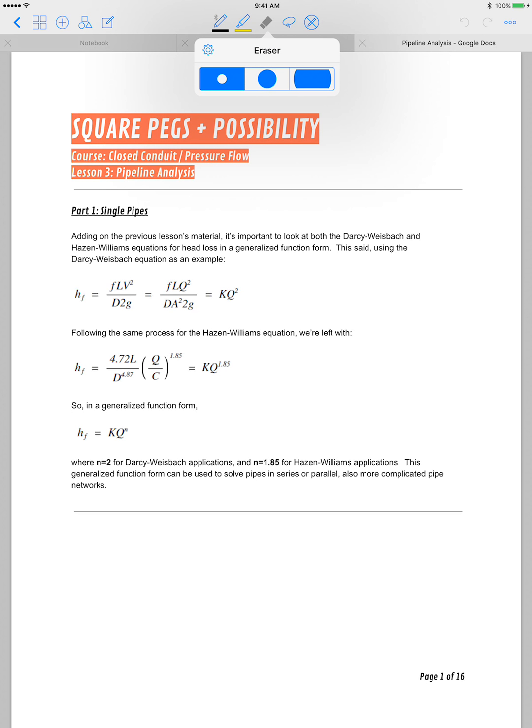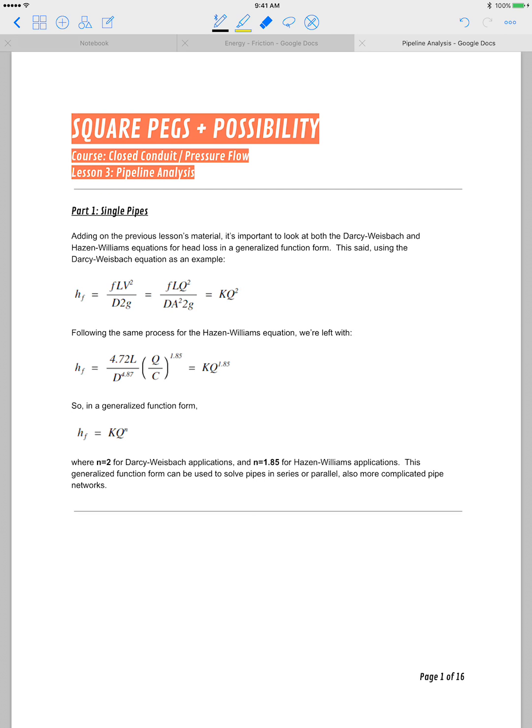That being said, we'll jump right in. It's broken into parts, and we'll start with part 1 here, single pipes. This is an add-on from lesson number 2, and it's based off the Darcy-Weisbach equation for friction loss. We can represent that equation as a function of flow as opposed to a function of velocity.